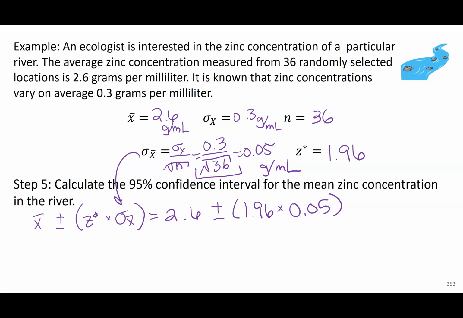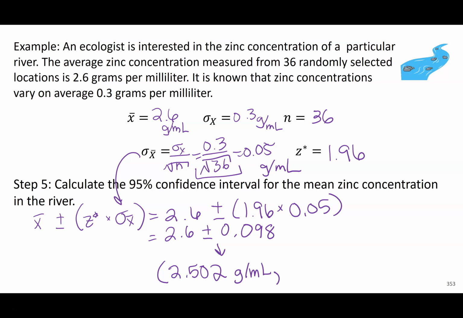So I'm doing some math. I get something like 2.6 plus or minus 0.098. If I put it into interval notation, that's where we have the parentheses. Parentheses and then the lower one: 2.6 minus 0.098 is 2.502 grams per milliliter. Trust me, I'm not doing this in my head, I had a calculator.